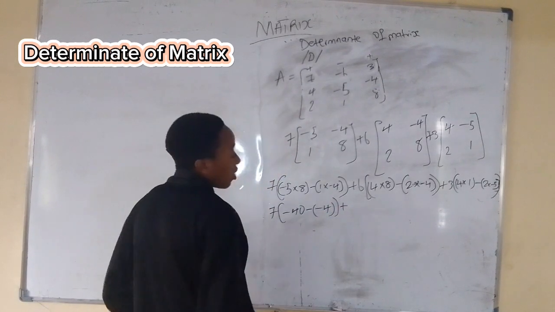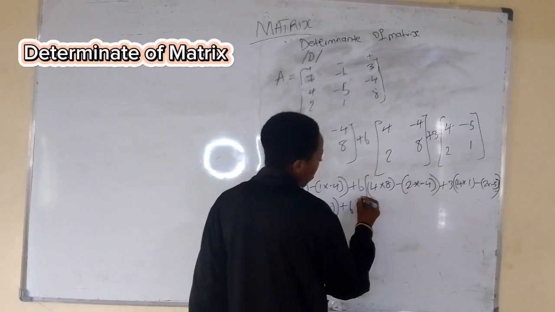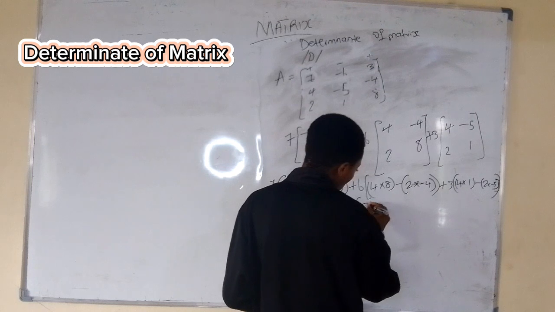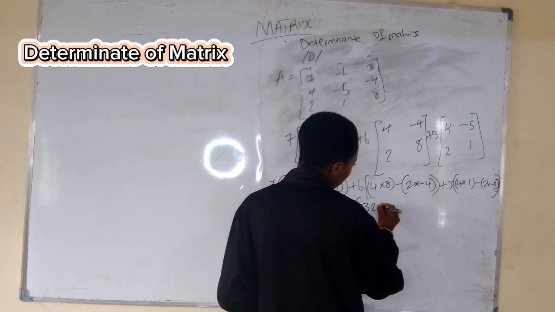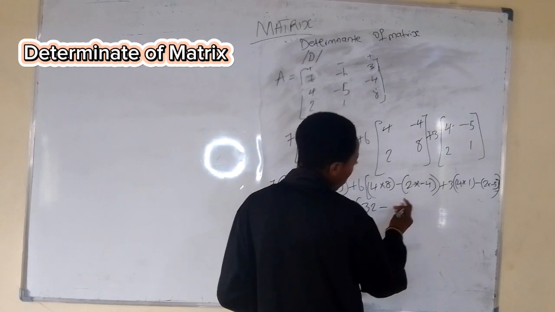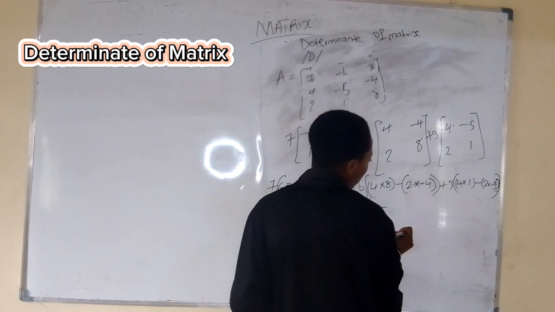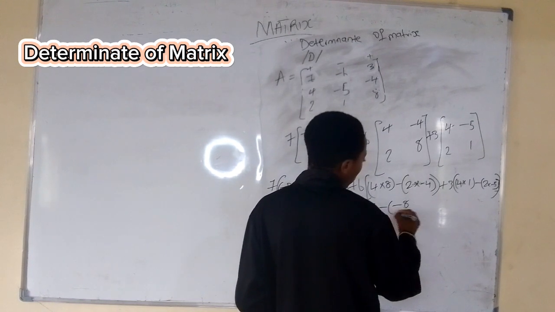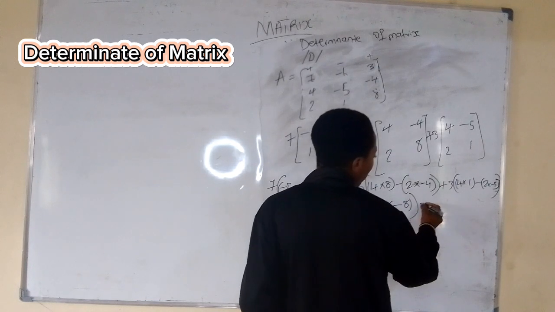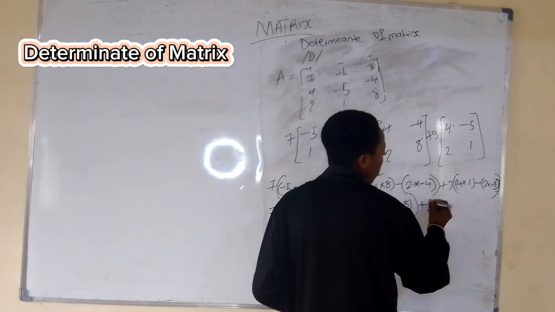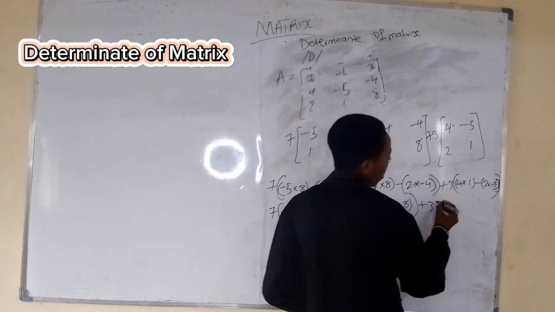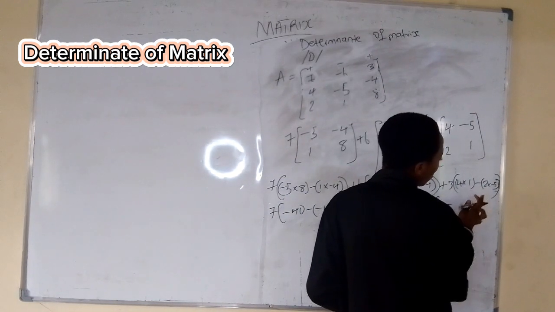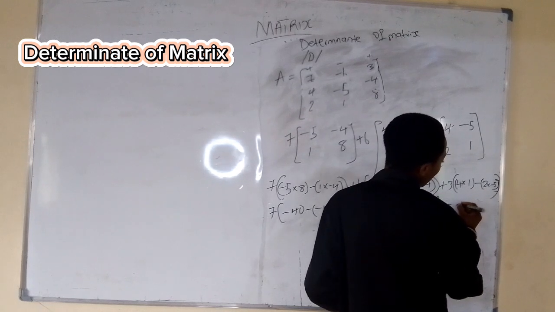Plus 6, open bracket, 4 times 8 is 32, minus 2 times minus 4 will give us minus 8. Plus 3, 4 times 1 is 4, minus 2 times minus 5 will give us minus 10.